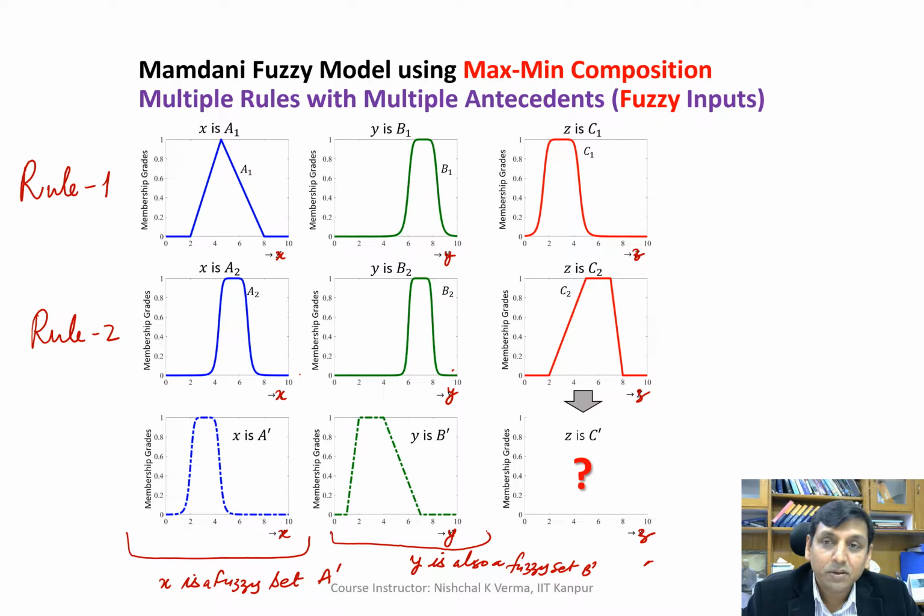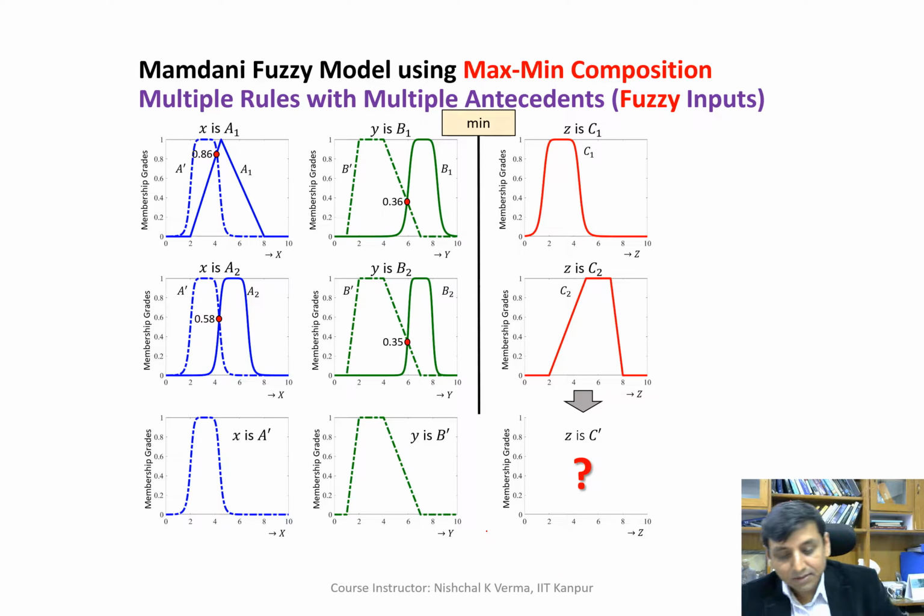The membership values corresponding to the points of intersection will become the w's, like w1 and w2. So when we superimpose, this is our rule number 1 and this is rule number 2.